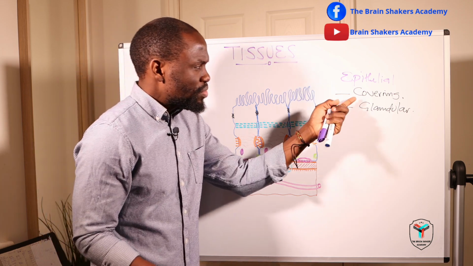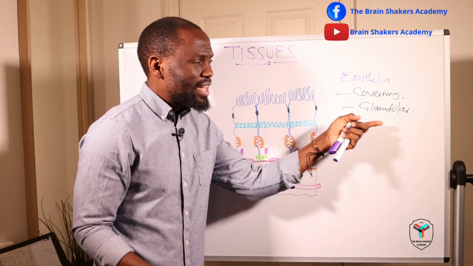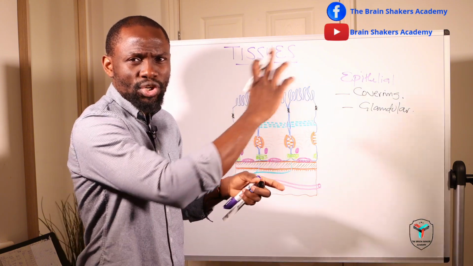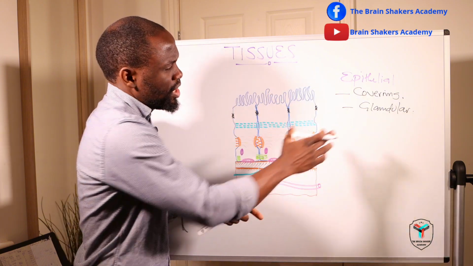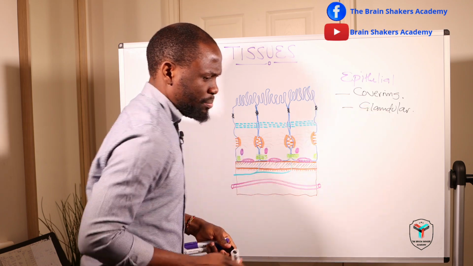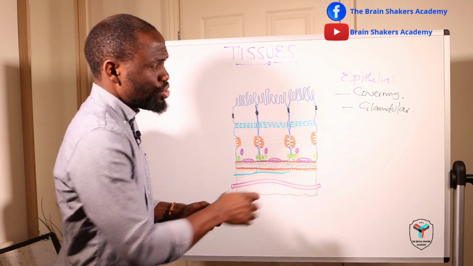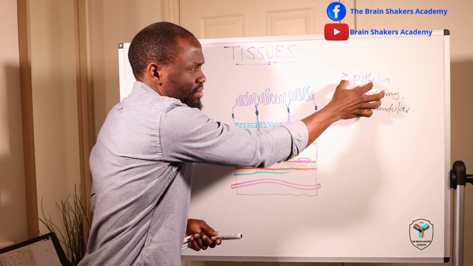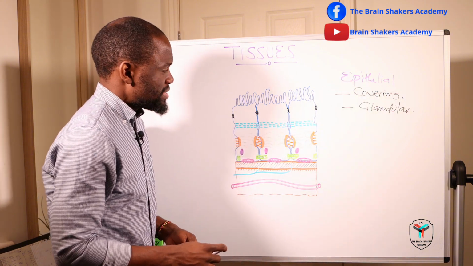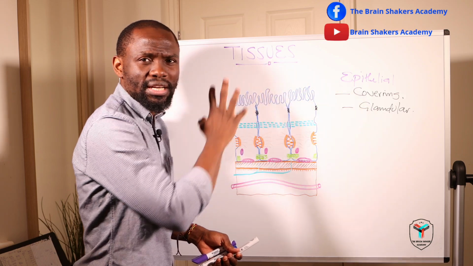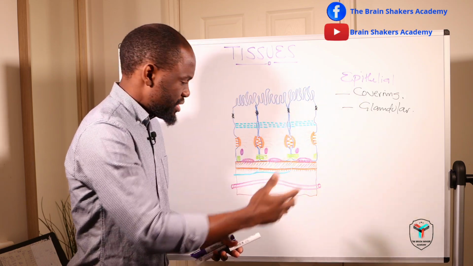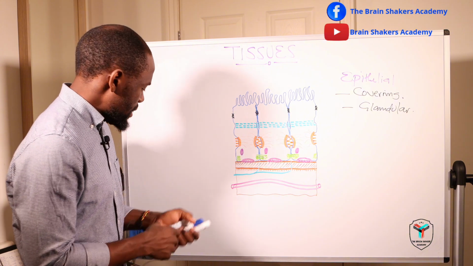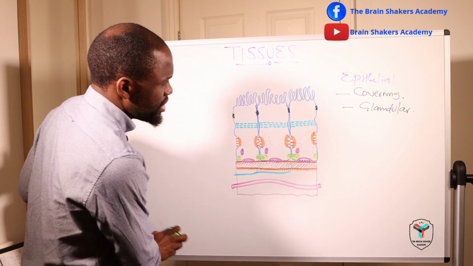For this session, we'll be looking at covering epithelia, because I look at glandular epithelia in another separate video, so that we can look at its entire nomenclature and at what the epithelial tissue is doing when it is lining those glands. The main function of these epithelial tissues is to line body cavities or cover body surfaces. Now, let's look at the build up, or how these epithelial tissues are actually formed.